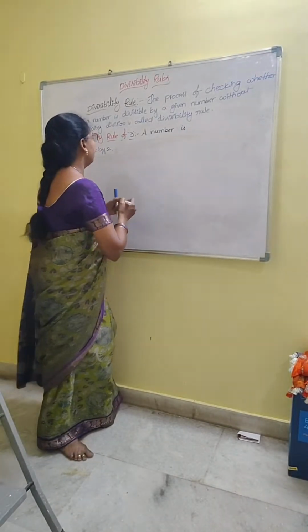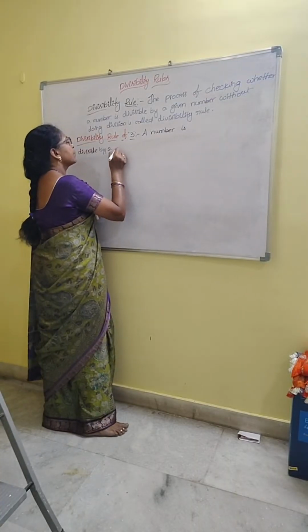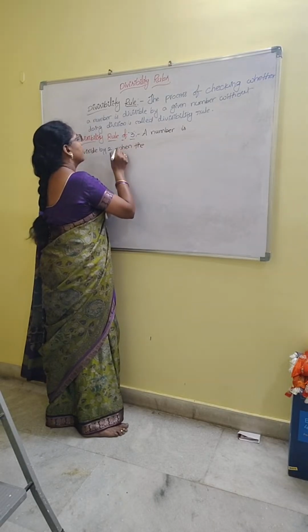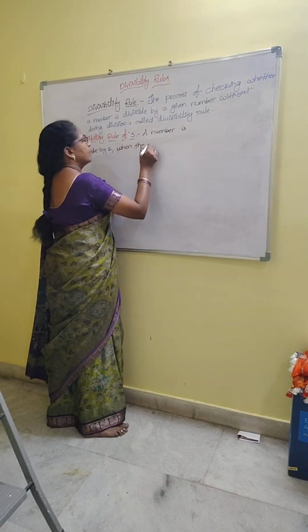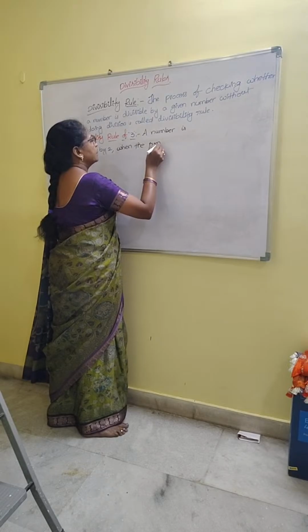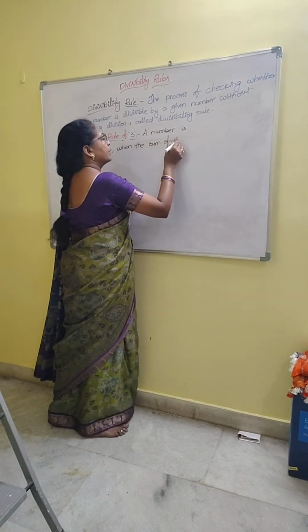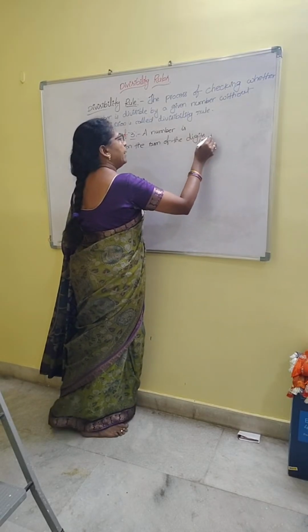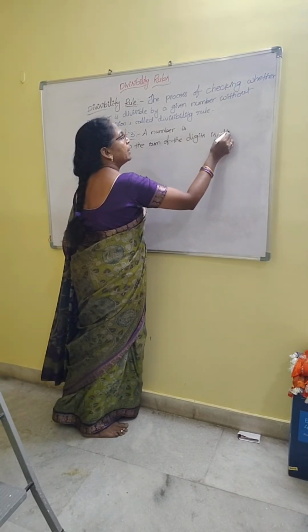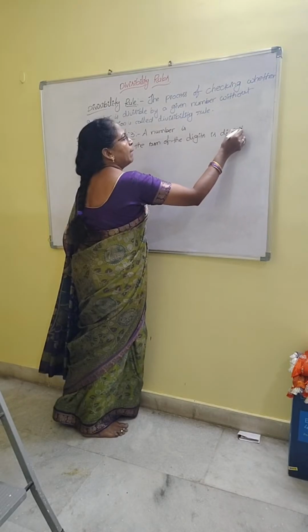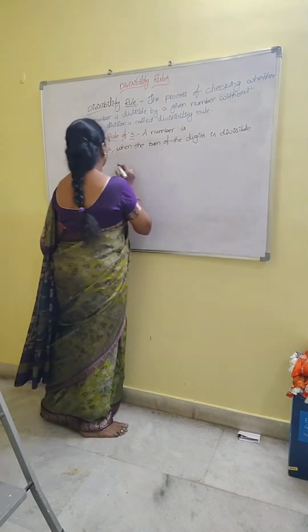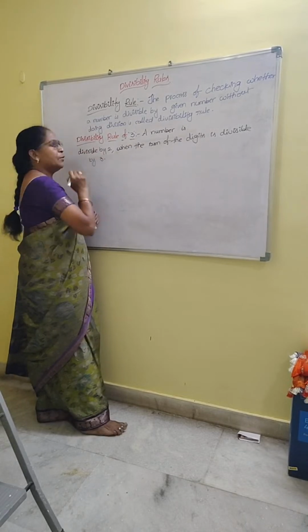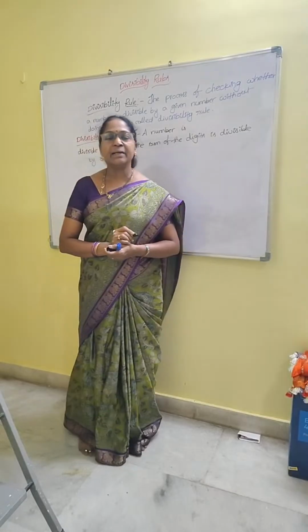Now here you write: a number is divisible by 3 when the sum of the digits is divisible by 3.